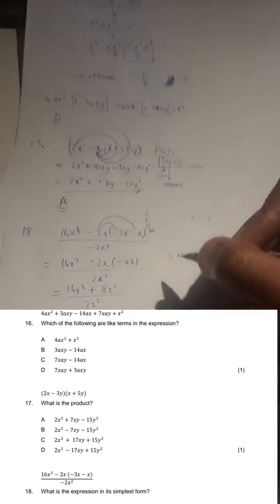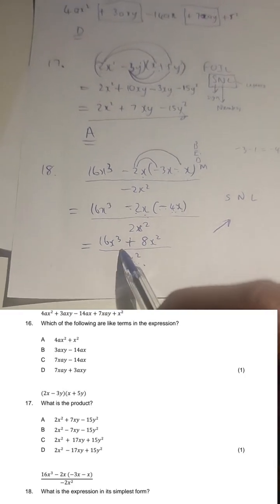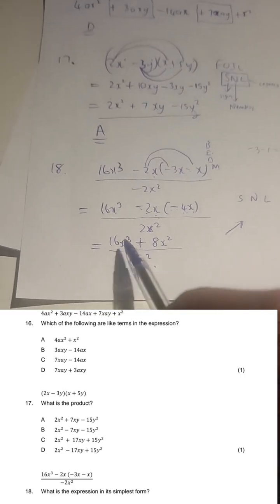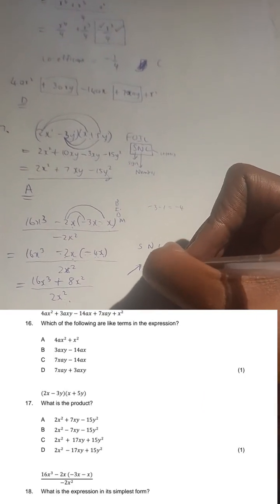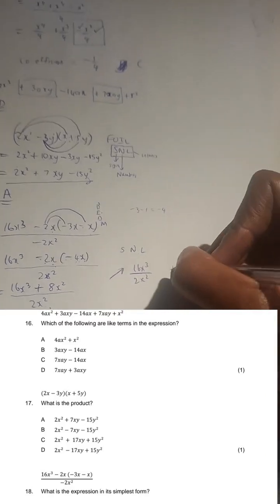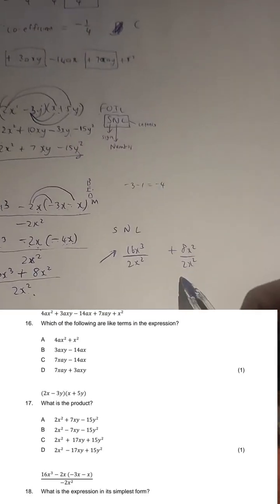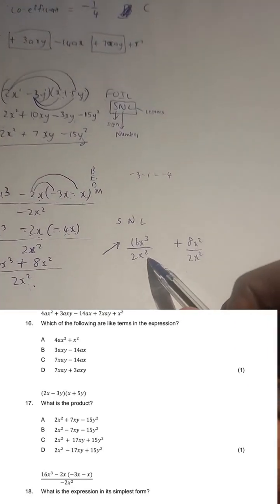So let me approach both in their respective ways. Let's say I use the grade 8 method and I split: 16x cubed over 2x squared plus 8x squared over 2x squared. That's how a grade 8 learner would do this question.